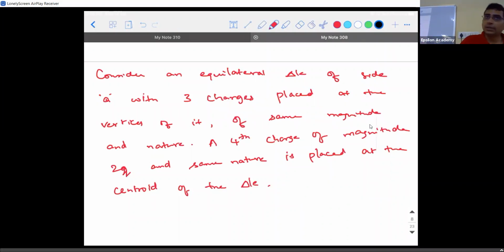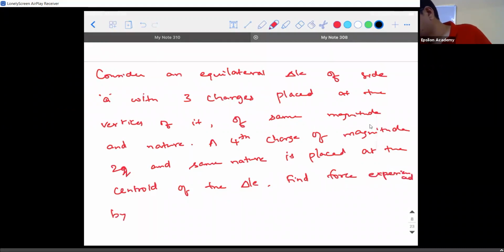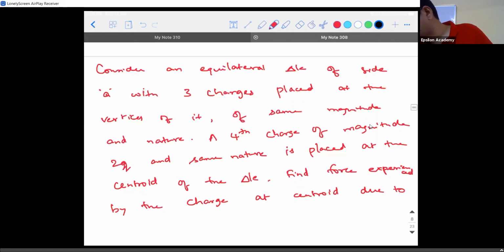Find the force experienced by the charge at the centroid due to the remaining charges.